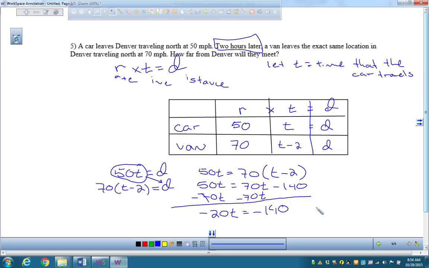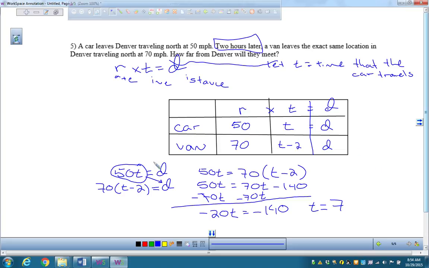So what's t equal to? 7, right? So t equals 7. They want to know the distance. So how do I figure out the distance? Because that's the question. How far from Denver will they meet? If t equals 7, and the car is going 50 miles an hour, how far did he go?